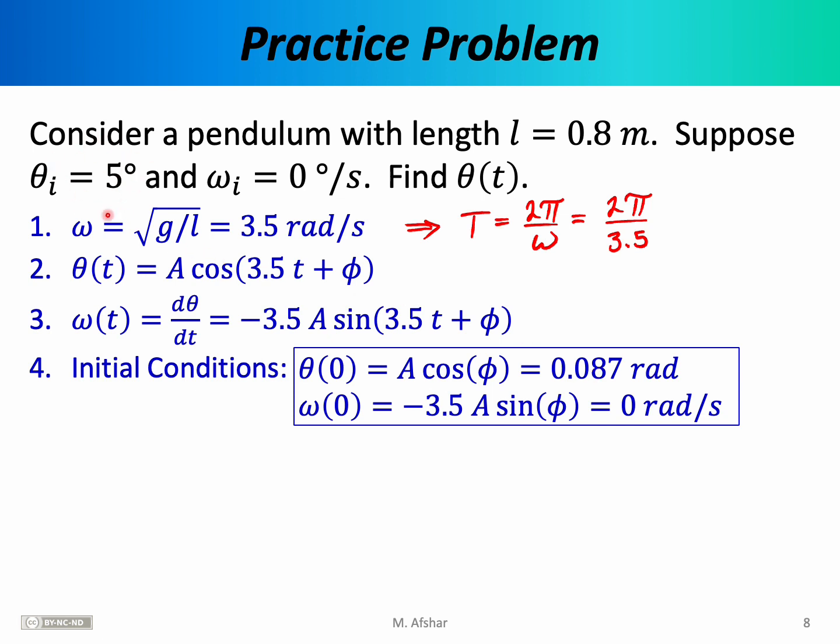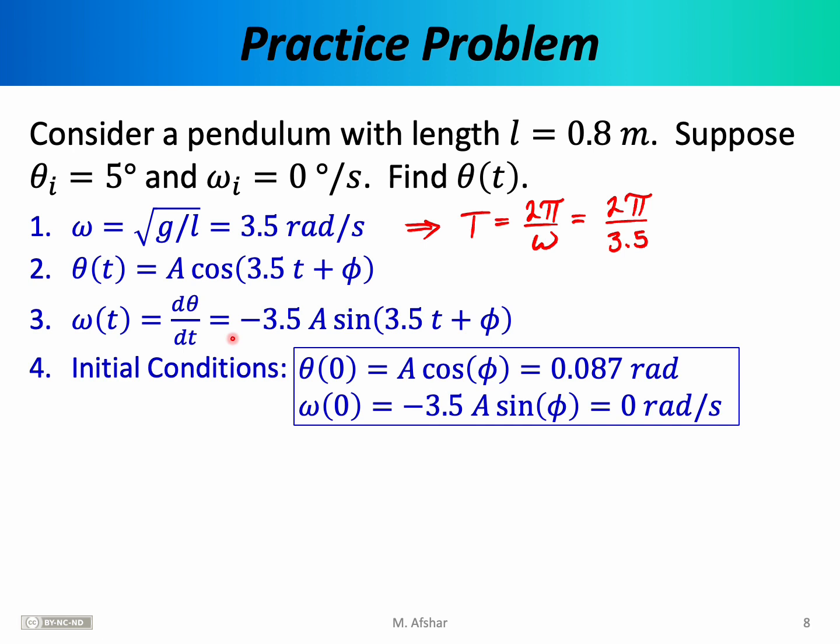So I've taken the initial position of the pendulum, 5 degrees, I've converted it to radians, which gives me 0.087 radians approximately, and I'm going to set that equal to theta at 0. Remember, that's what theta initial means. Theta initial basically means theta at t equals 0.